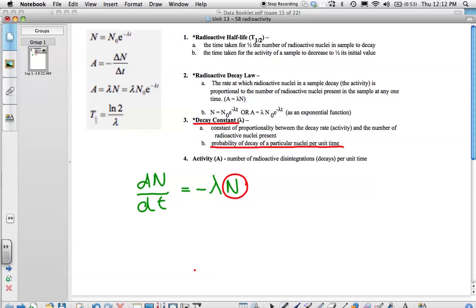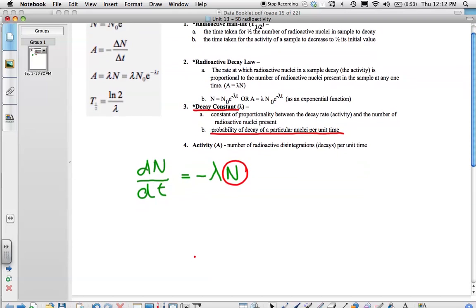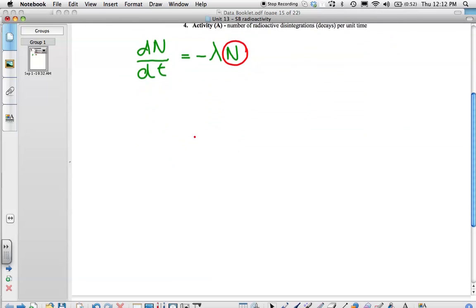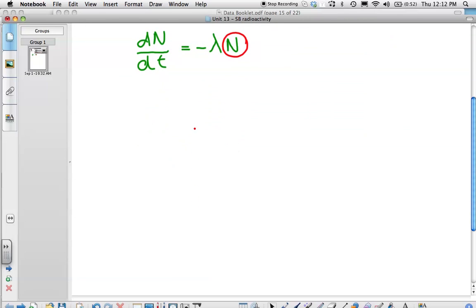Now, we do a little bit of mathematics with this, a little bit of algebra, and I hope you'll be able to follow this. If you need further help on it, please just come and see me. I'm going to prove some of these formulas here. So we can change this formula around to dN over N is equal to minus lambda dt.